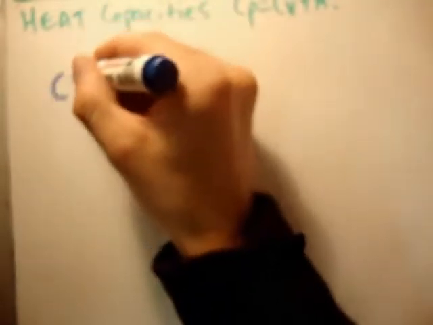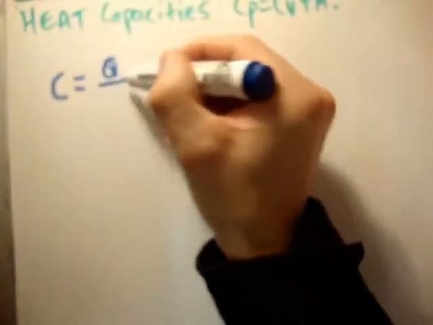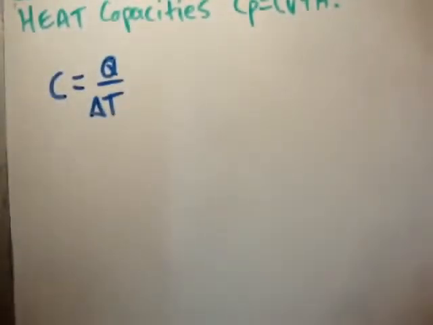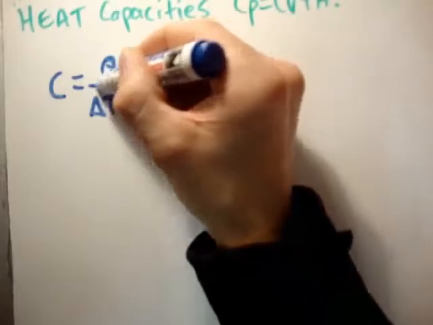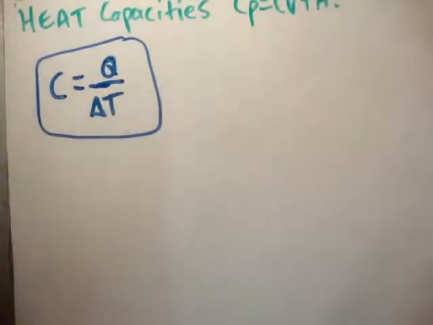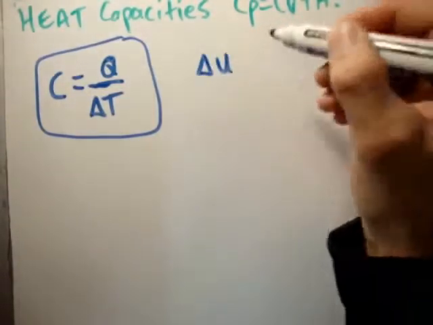So let's rewrite this, and talk about just the heat capacity and not the specific heat capacity. I said it's the amount of heat required in order to raise the temperature of your body by a certain amount. There is the formula of it: C is equal to Q over delta T. But we know that the first law says the following.